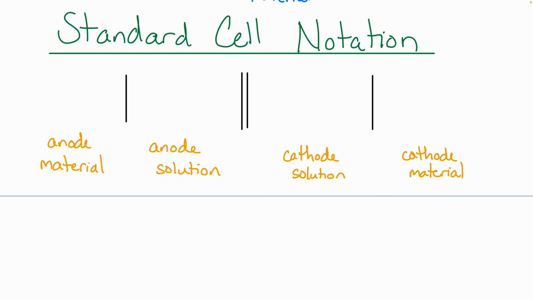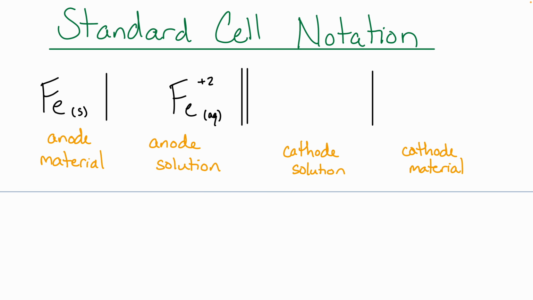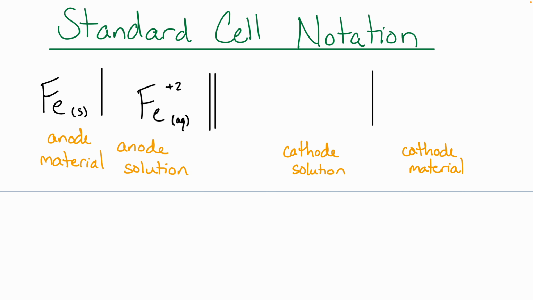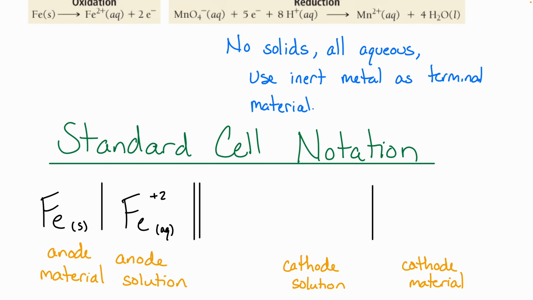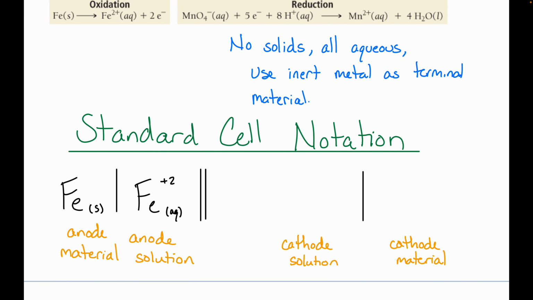All right, so our anode is going to be made out of that solid piece of iron. Our anode solution are those iron 2 ions. Now we've got a bunch going on in this cathode solution, so I'm going to make a little bit more room. We have that permanganate ion.